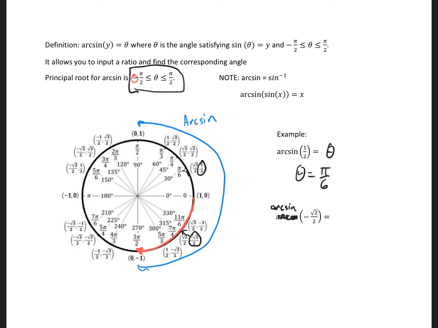So previously, this would be positive pi over 4. That means this amount going in the same direction is negative pi over 4. Anything in that red region, if we're talking about the principal root using arc sine, is going to be a negative angle.